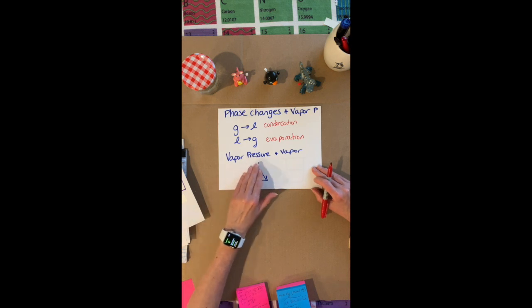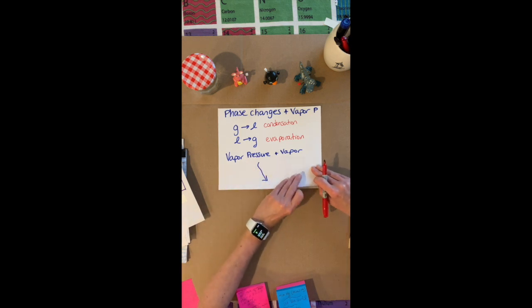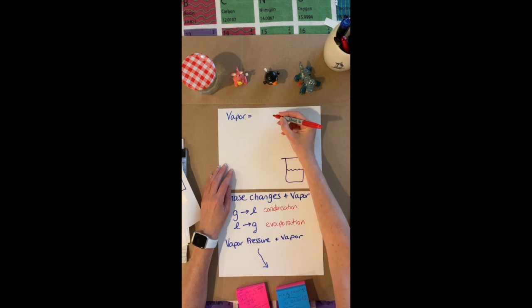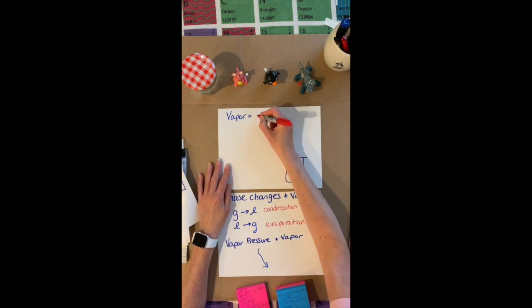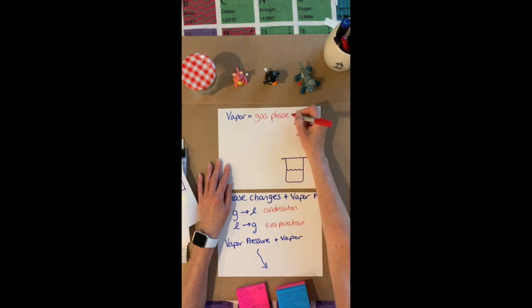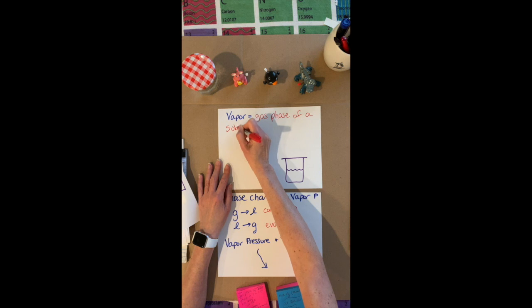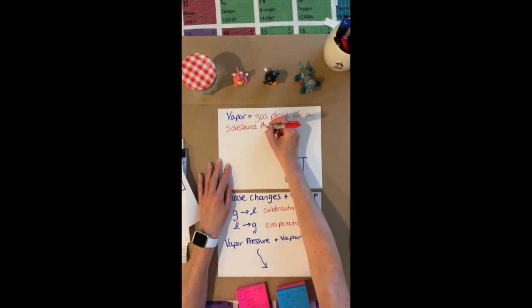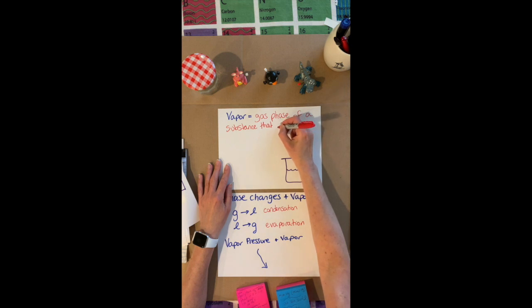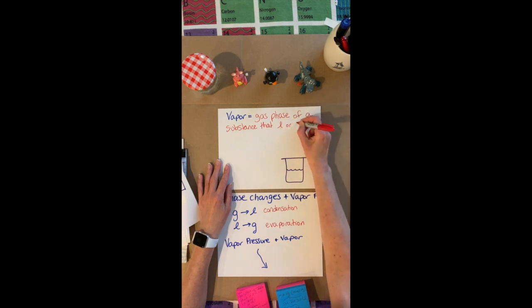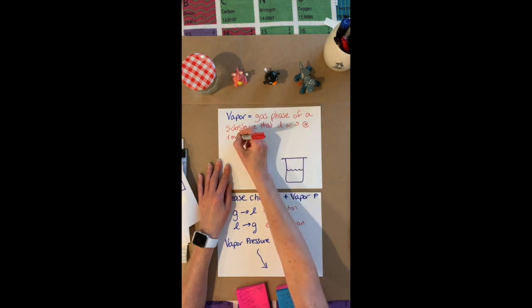We're going to talk about vapor pressure versus vapor. So a vapor refers to the gas phase of a substance that is liquid or solid at room temperature.